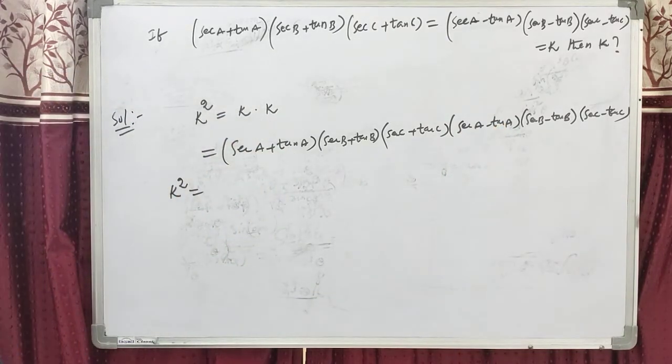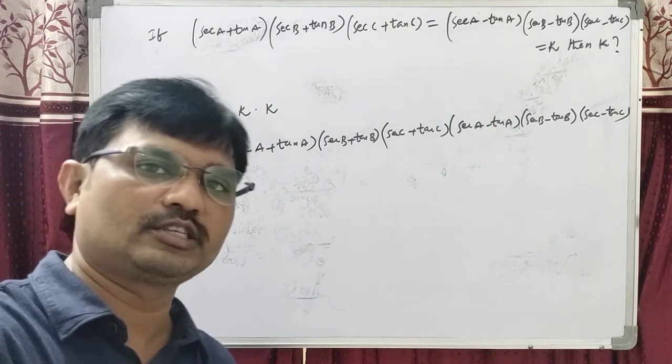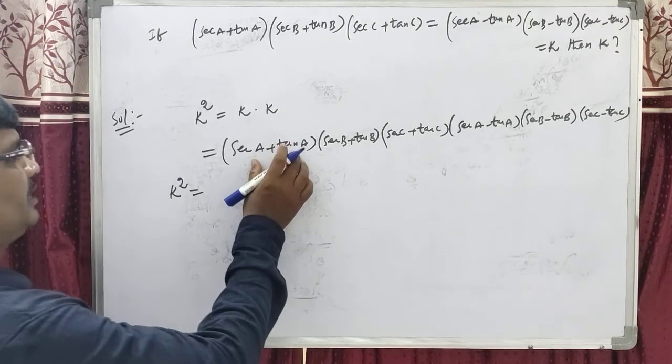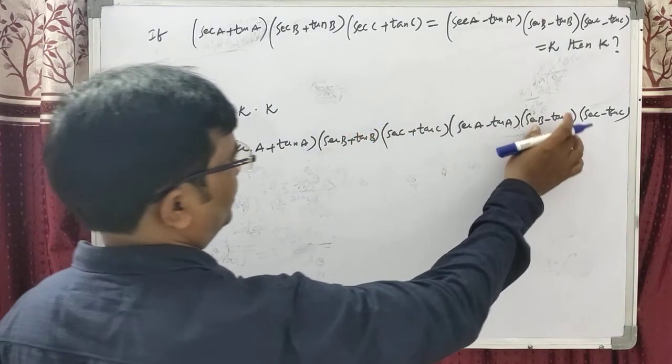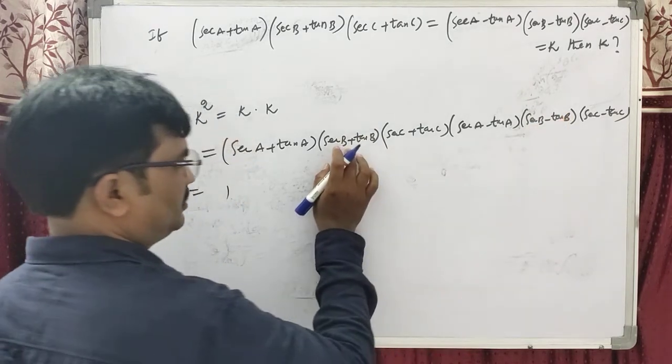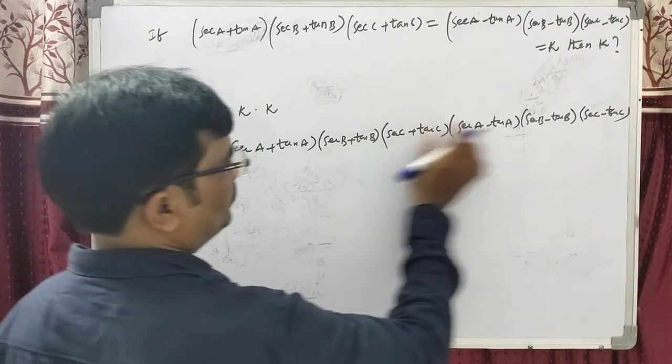So secant square A minus tan square A is 1. Similarly for B and C, each is also 1.